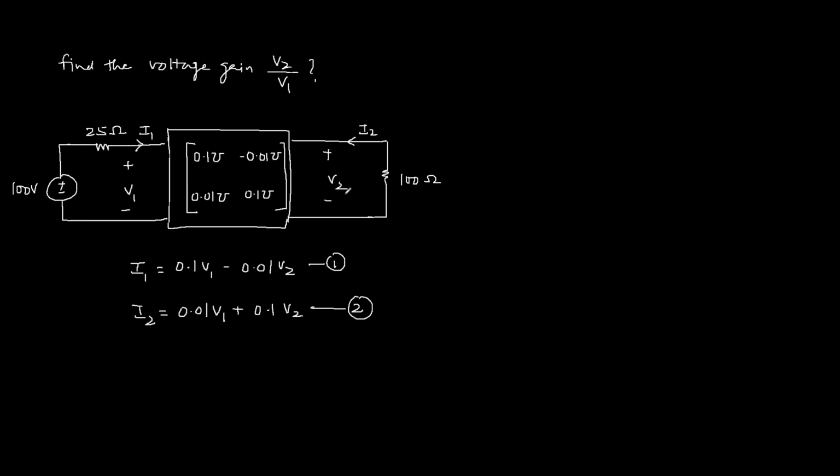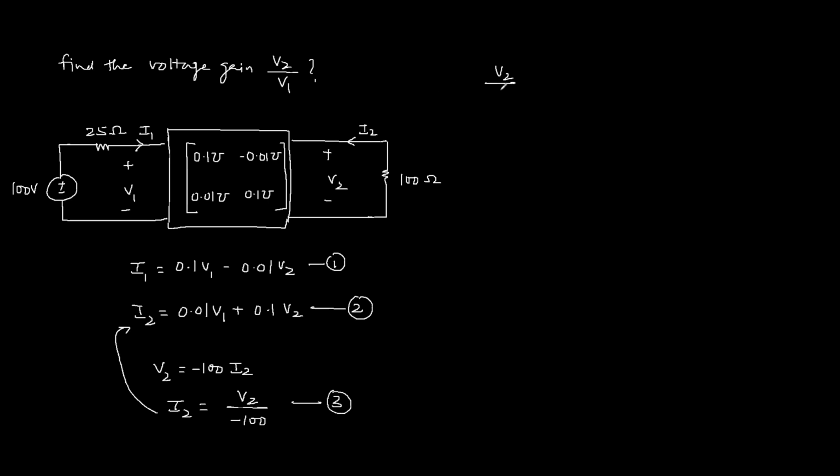So we can write I2 in terms of V2 from the load side. V2 is basically minus 100 I2, or I2 is simply V2 over minus 100. Now let us substitute this I2 from 3 into equation 2.